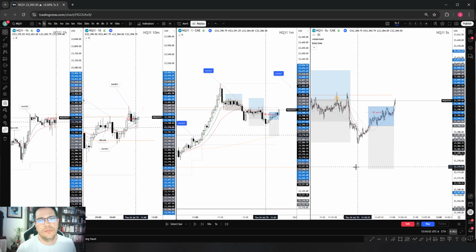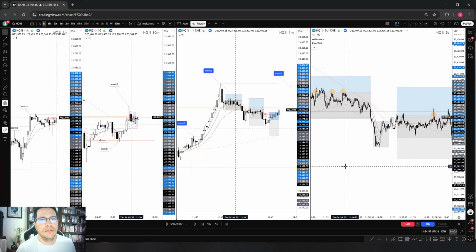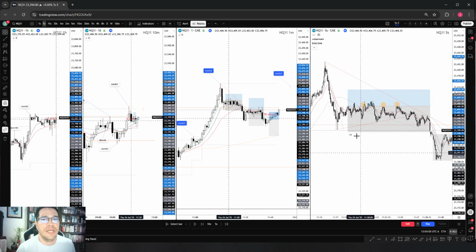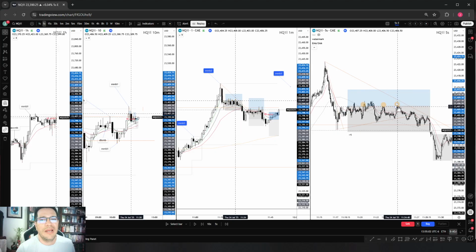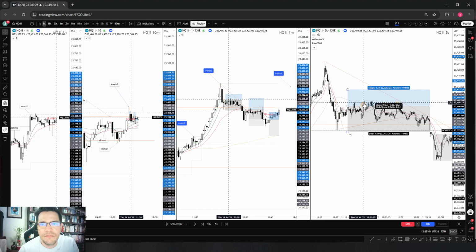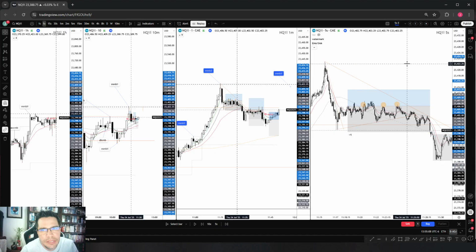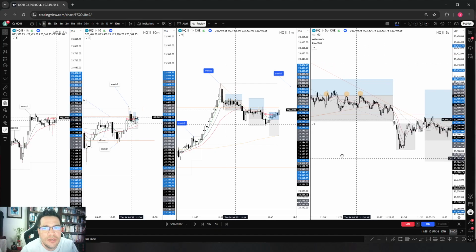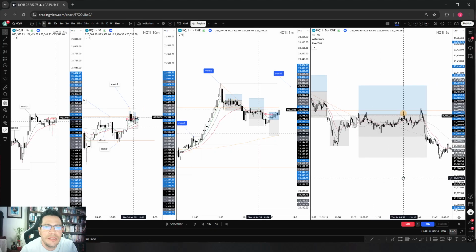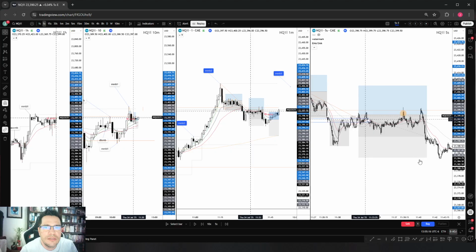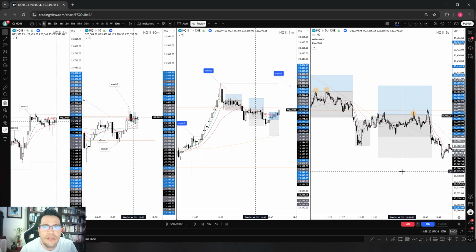Again, just to be honest, the first one was okay in terms of the setup, but I should have closed at break even. So I had plenty of opportunity to have saved me this -1, but I didn't, and because of that I then got into actually these two trades here.